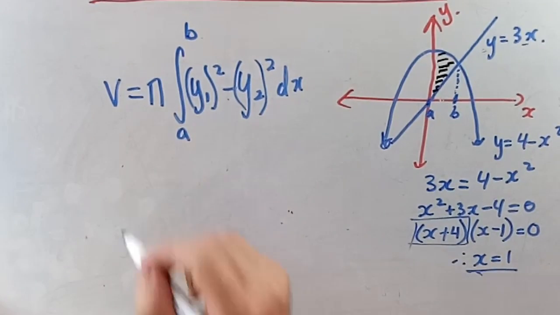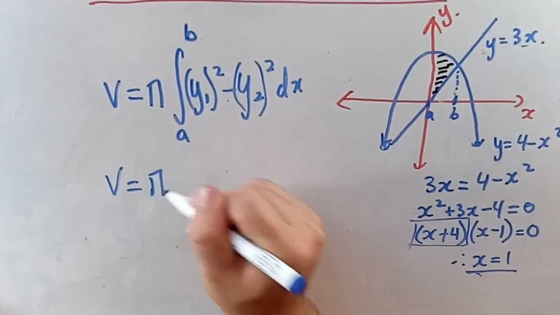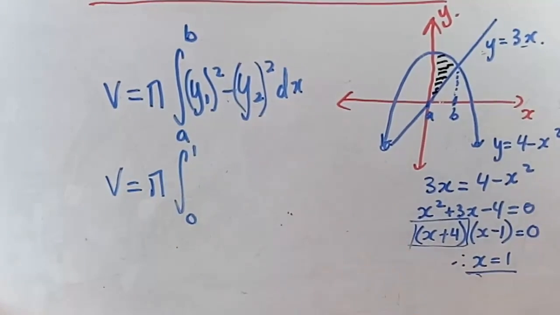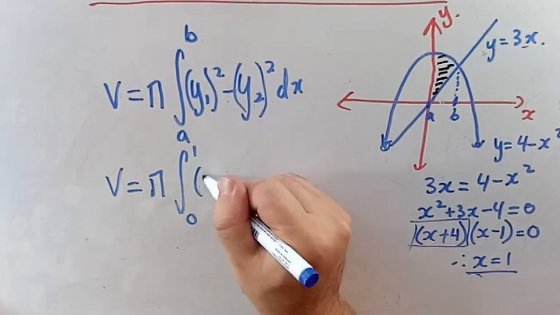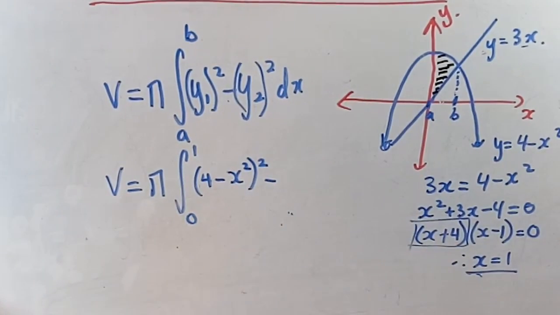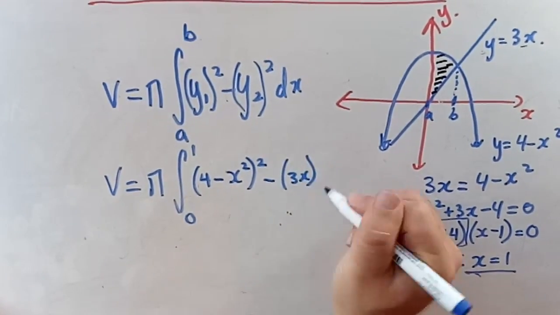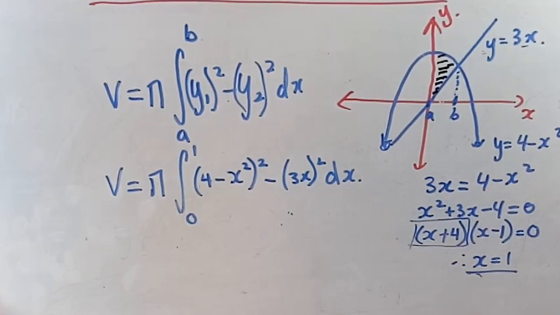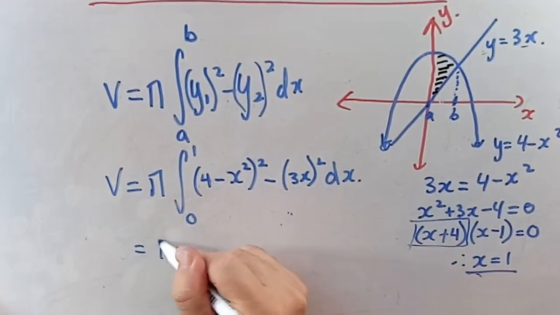So x equals 1. So the volume I want is pi between 0 and 1 of our first function squared, 4 minus x squared, squared, minus 3x all squared dx. Now that should give us a volume.